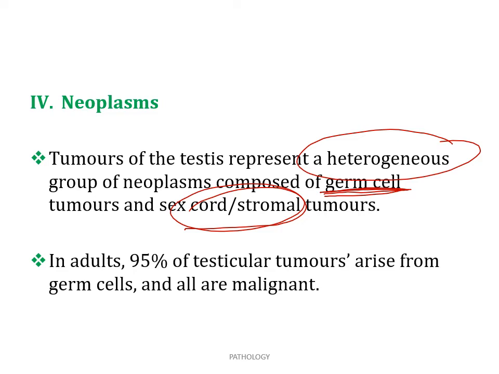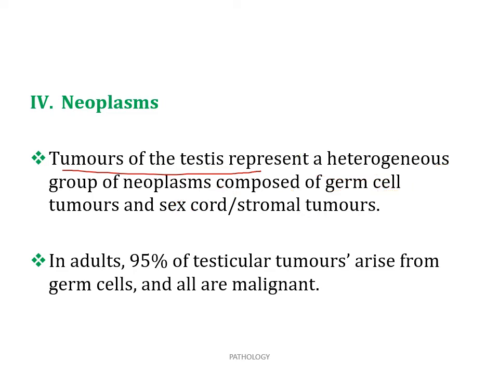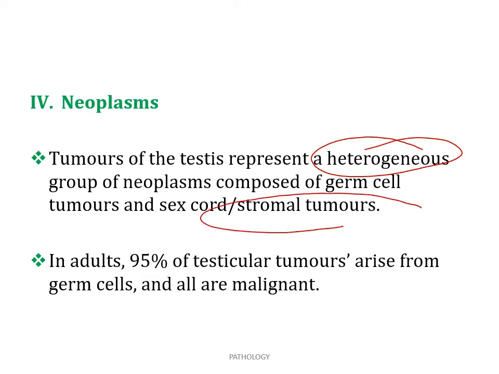Heterogeneous means they have neoplastic cells of the testes, and they have neoplastic cells of the supporting structure, that is stroma. So there is a mixture of germ cell tumors and supporting structure tumors, that is heterogeneous.